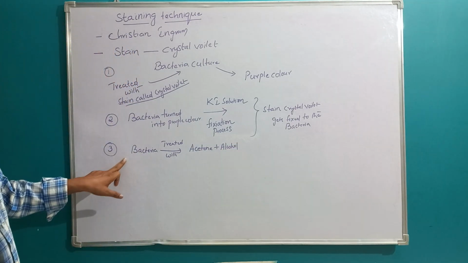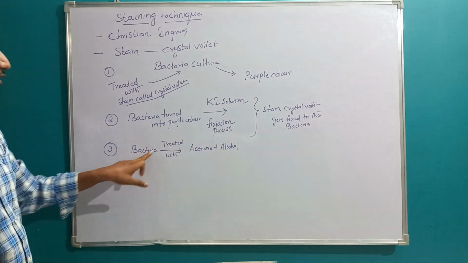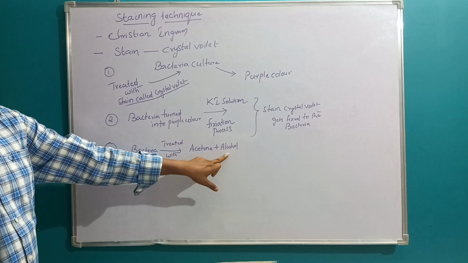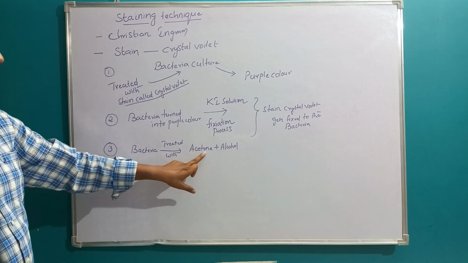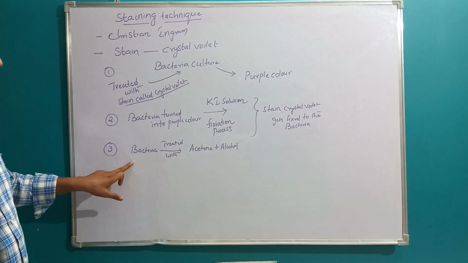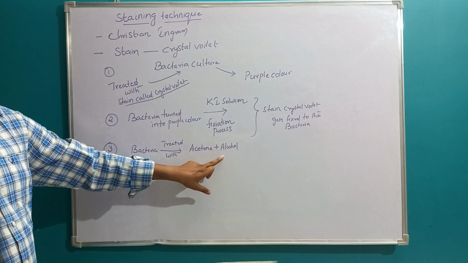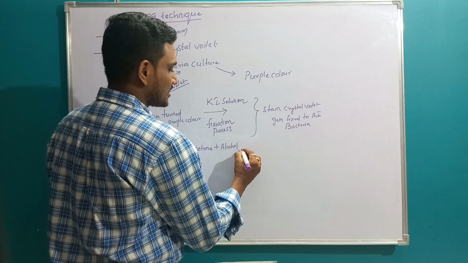The bacteria which got fixed by the stain are now treated with acetone and alcohol. When they are treated with acetone and alcohol, the bacteria show two changes.